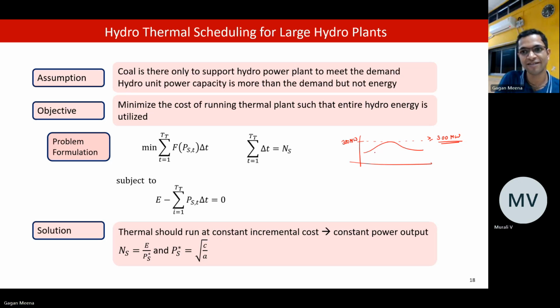But the constraint with the hydro here is this is the total energy requirement by the load for 24 hours, the area under the curve. For 24 hours, hydro cannot provide this entire area. Maybe it can provide only this much, so this area needs to be supplied by thermal.